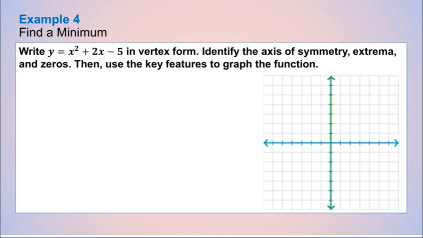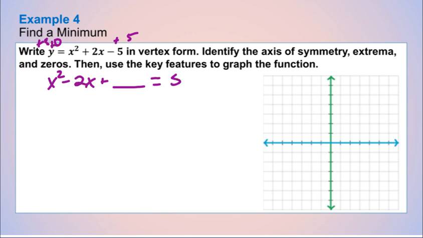So this first one, I need to write this in vertex form, so then I can identify the axis of symmetry, the extrema, and the zeros. We're going to complete the square. So I have x squared minus 2x plus blank. Here I'm just going to add 5 to both sides. Remember my y right now is 0.